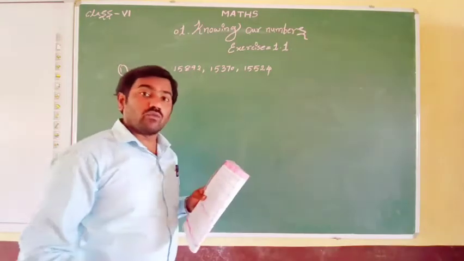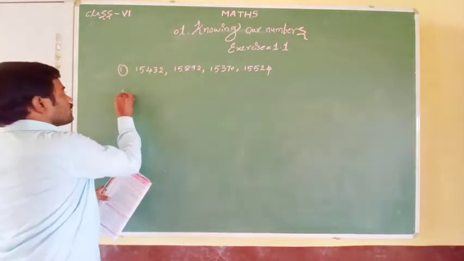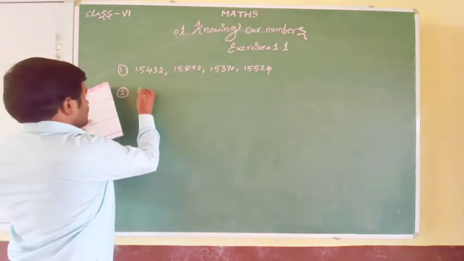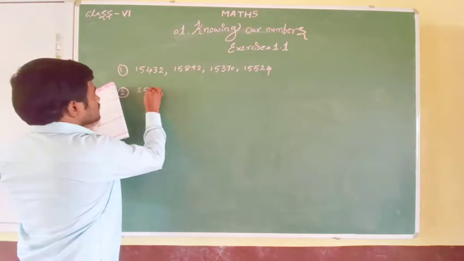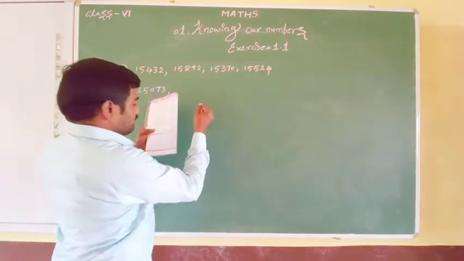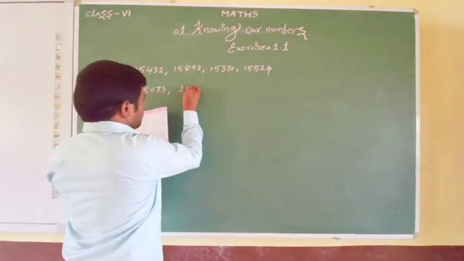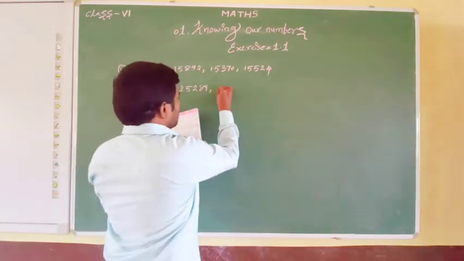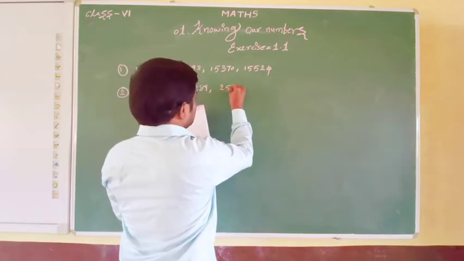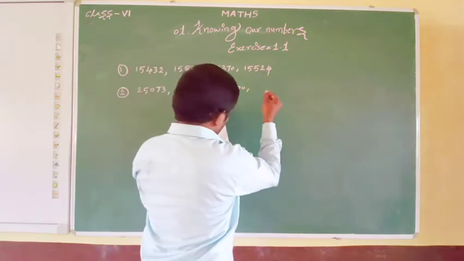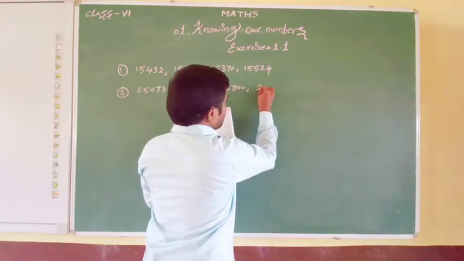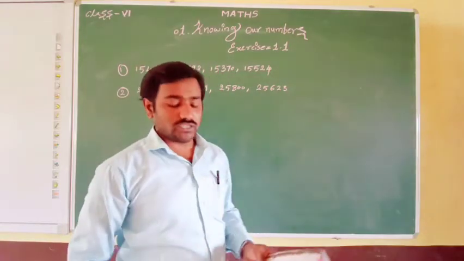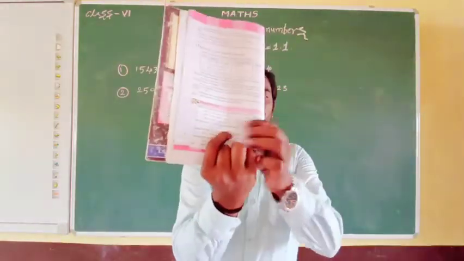Okay, let me write one more question also: 25,073, 25,289, 25,800, 25,623. So I have written only 2 questions out of 5 questions from the first bit.